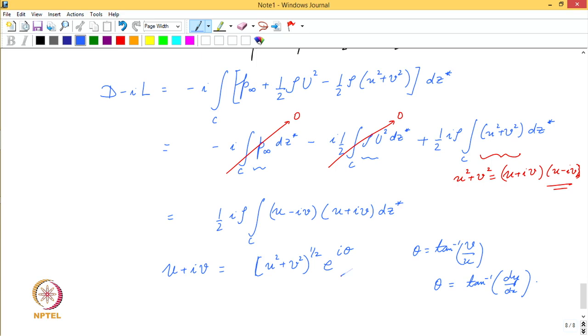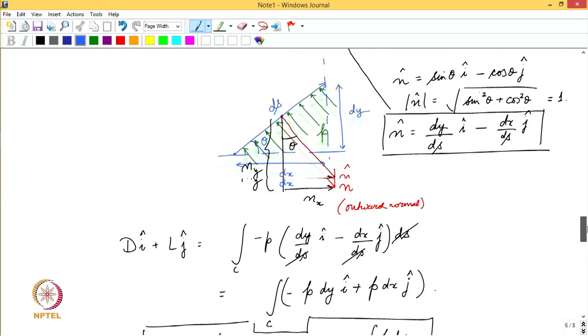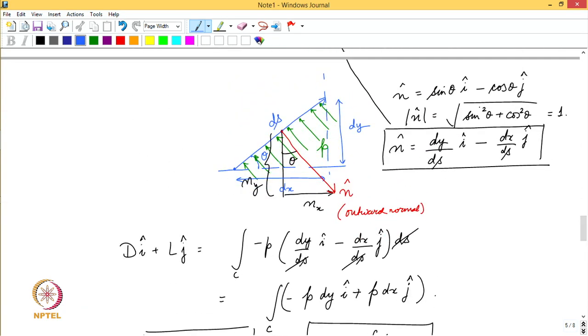So, this angle theta is the same as actually this angle that I had drawn here originally, the angle theta in this picture, which is parallel to the vector which is along the line tangential to the surface of the solid at a given point.